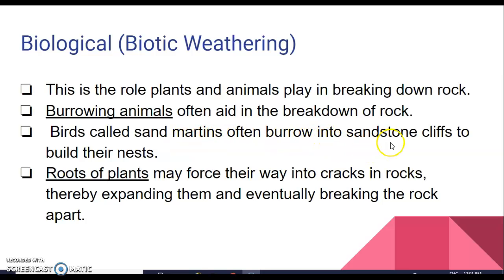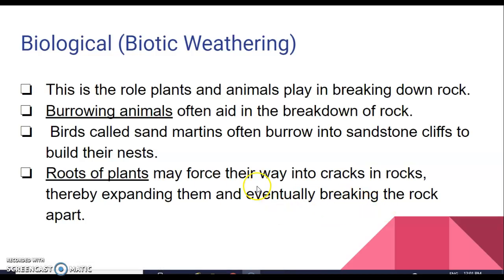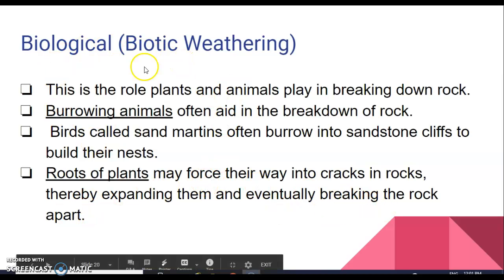They bore holes into rocks, resulting in the breakdown of rocks. Also, roots of plants may force their way into cracks or joints in rocks, and as the plant grows, eventually it will cause the rock to break apart. So this is how we have plants and animals contributing to weathering.